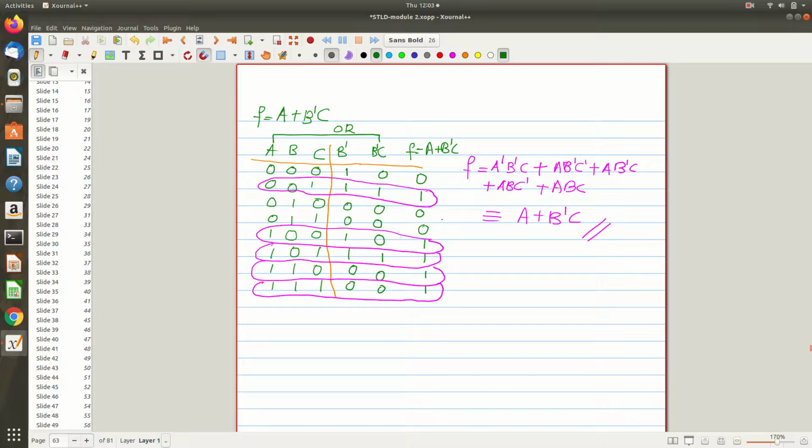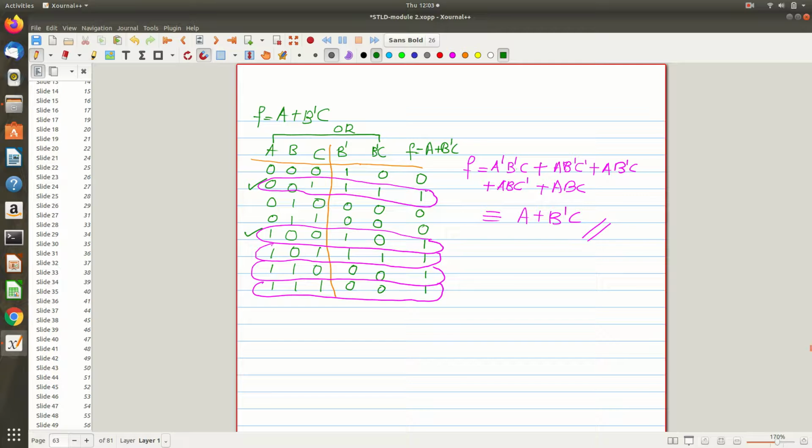Say I am saying that F is giving me a value of 1 in 5 cases. And what are all the cases? This is case 1, where F is giving me a 1. Case 1 is nothing but when A is equal to 0, B equal to 0, C equal to 1, or when A dash, B dash, C is equal to 1 altogether. The AND will give you 1 when all of them are 1.